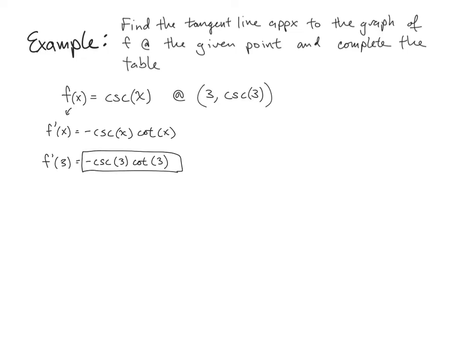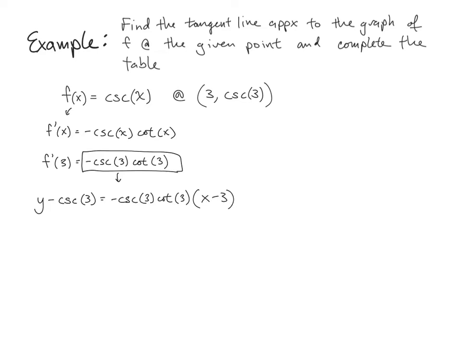The next thing that we want to do is set up our tangent line, right? It's going to be y minus the y value of our ordered pair, cosecant 3, equals the slope, negative cosecant 3 cotangent 3 times x minus 3.